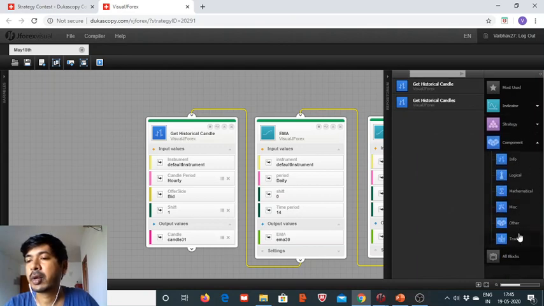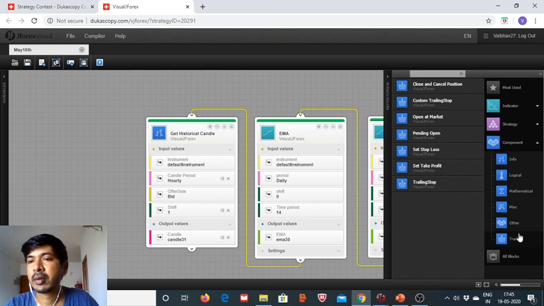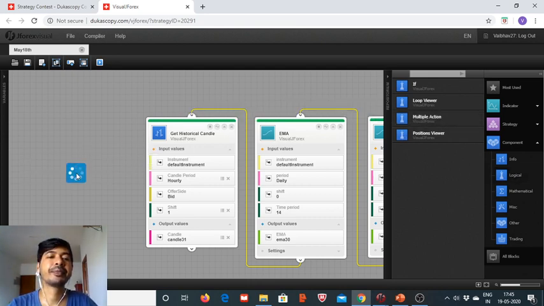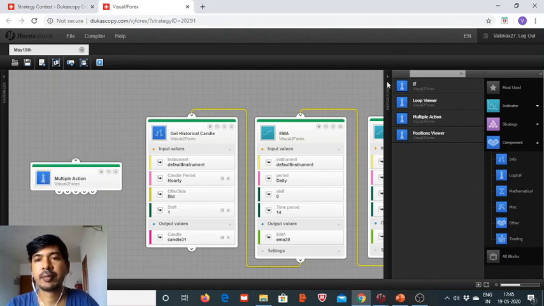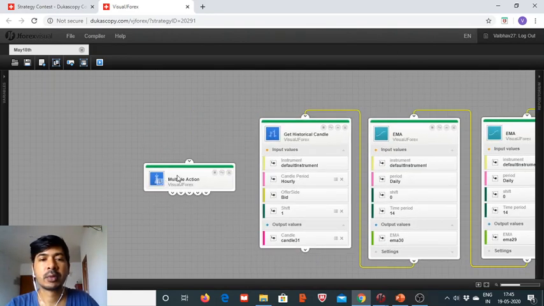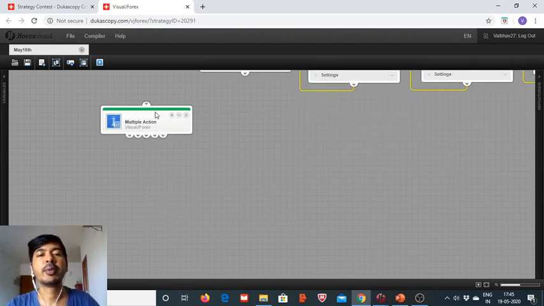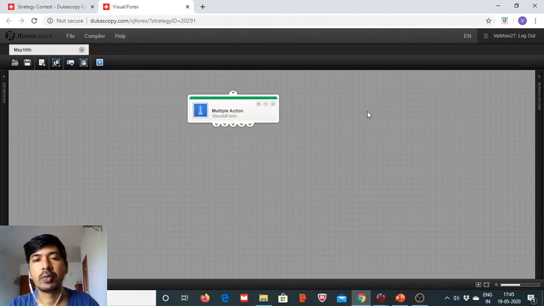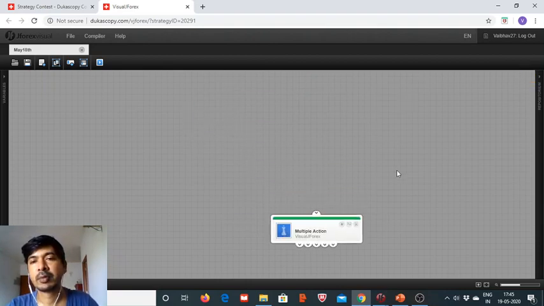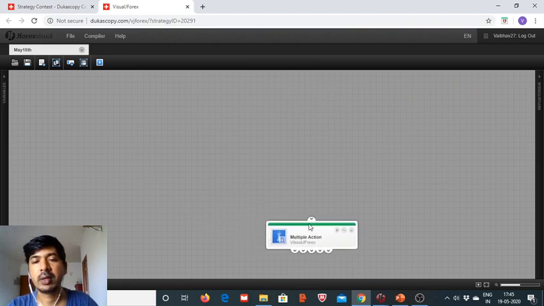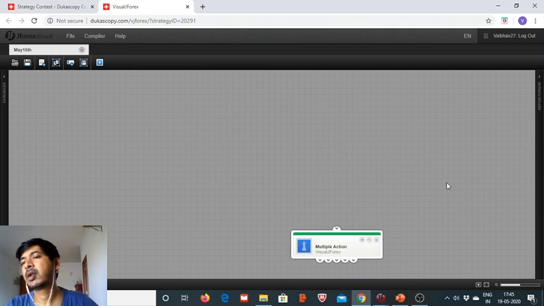So here component trading, we need multiple actions. So we leave one row empty, enough space, in case we need to do further optimization, so we keep that space intact.